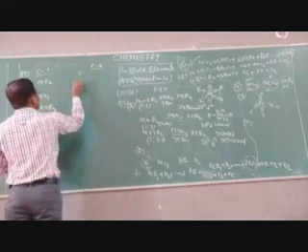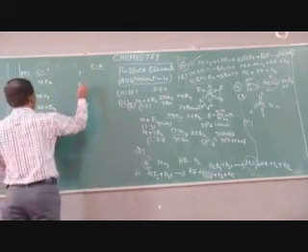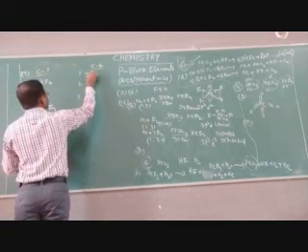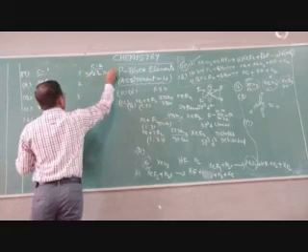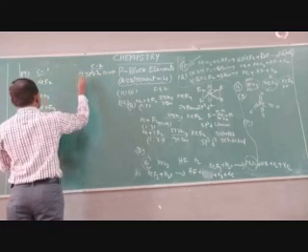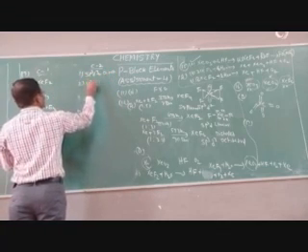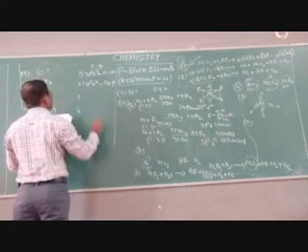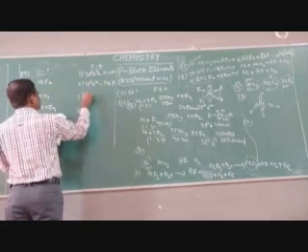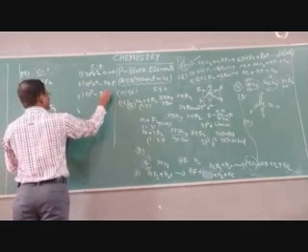Now here column 2 has comparisons 1, 2, 3, 4. The first is sp3d3, a distorted octahedral. The second is sp3d2, square planar. And this one is sp3, pyramidal.